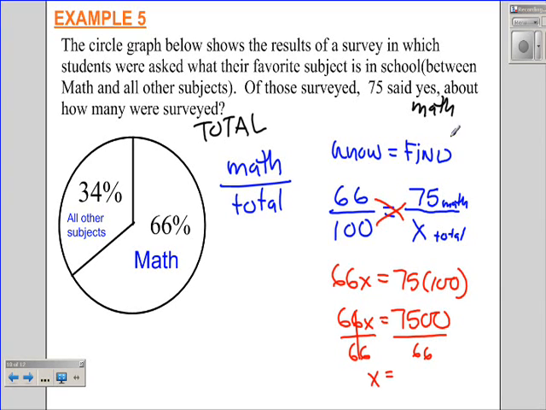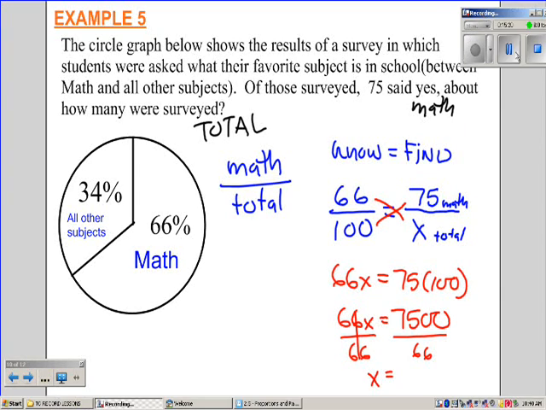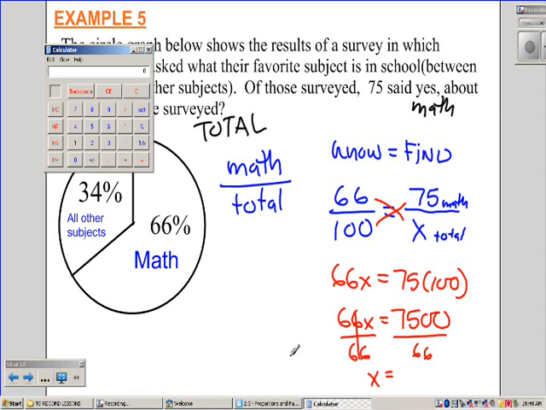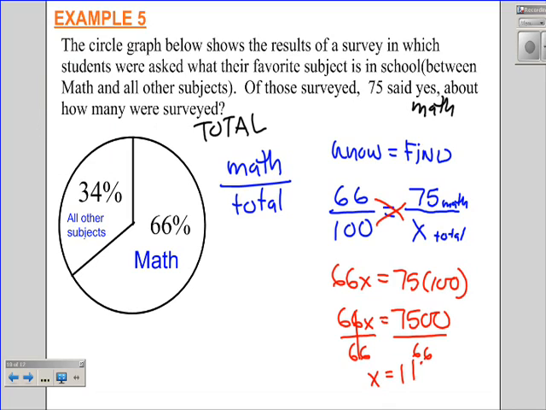This number is not going to be very nice, so I'm just going to bring up my calculator to help me with this one. 7,500 divided by 66 will give me an answer of, whoa, 113.63 repeating.